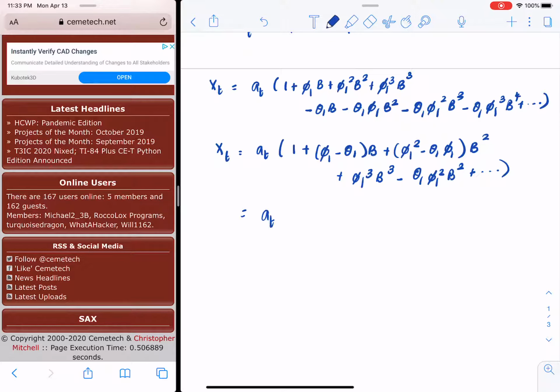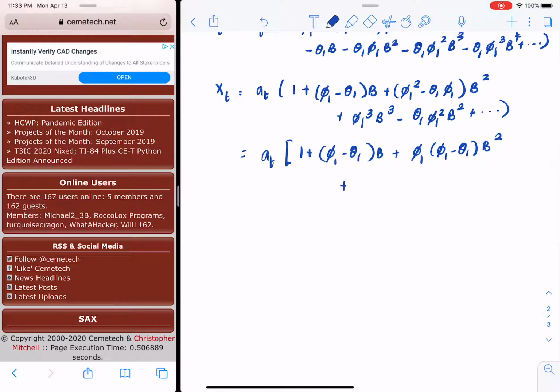So a_t times (1 plus (phi_1 minus theta_1) B plus phi_1 (phi_1 minus theta_1) B^2 plus phi_1^2 (phi_1 minus theta_1) B^3, and so on).